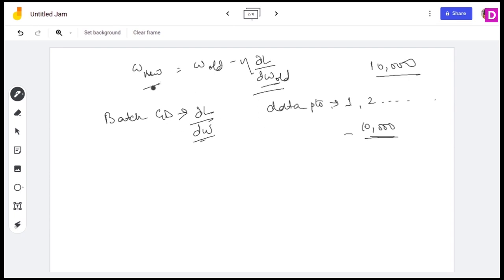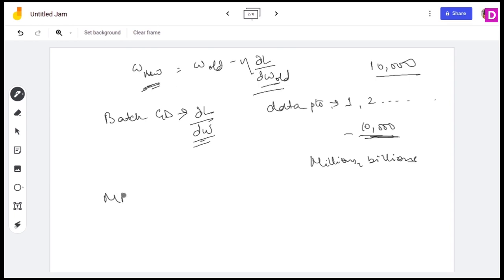We have to update the weights for every epoch, and for each epoch, calculating the gradient for 10,000 data points becomes very slow. I have just taken 10,000 data points, but sometimes training datasets have millions or billions of data points. In that case, it will take a very long time just to update the weight. So we do not want that.